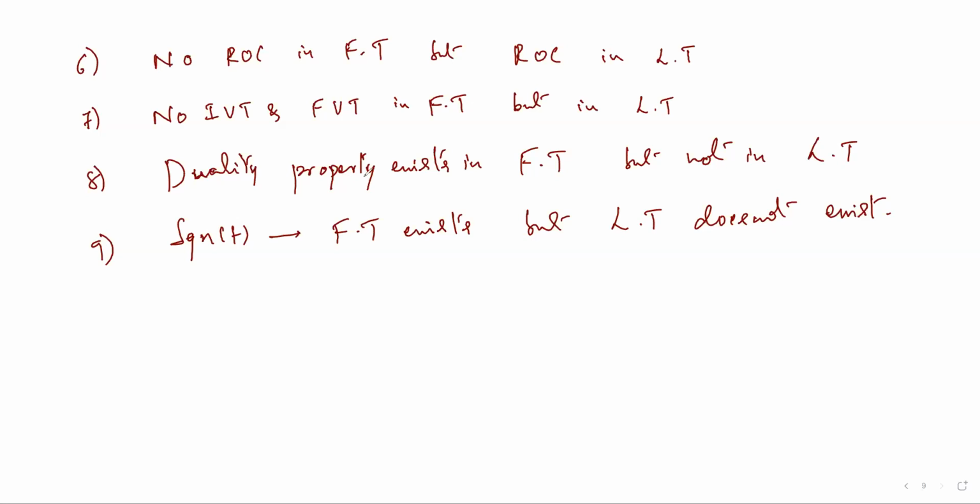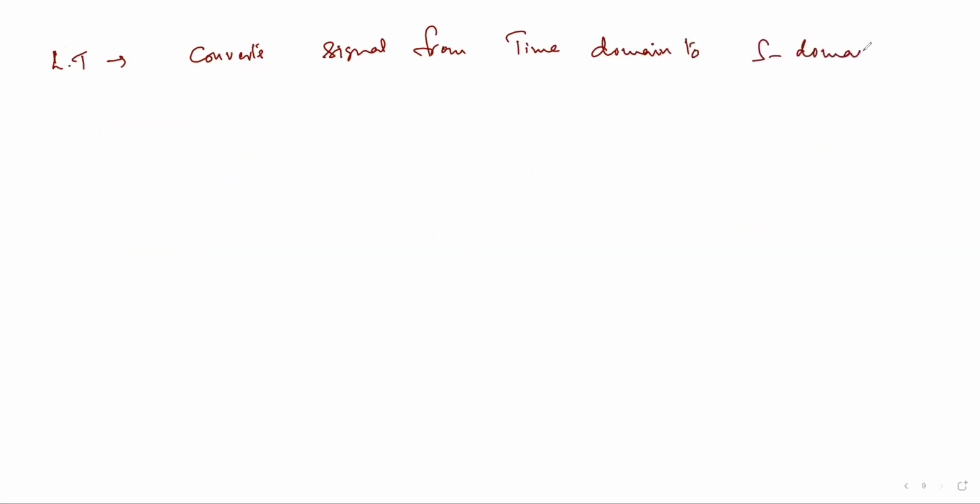Let us see the Laplace transform formula. The Laplace transform converts a signal from time domain to S domain, where s is equal to sigma plus j omega.